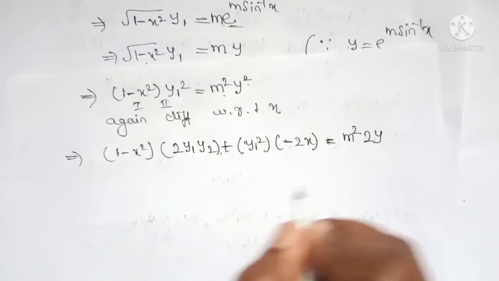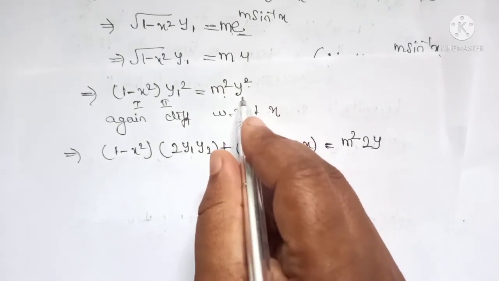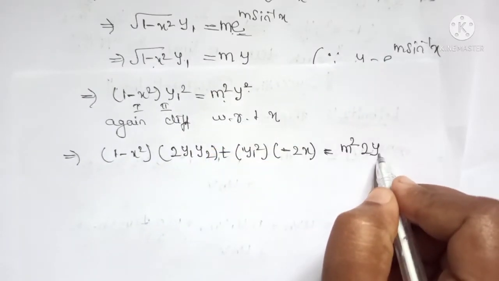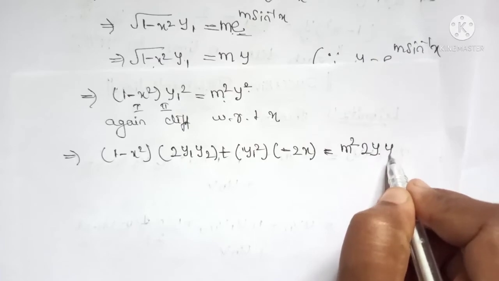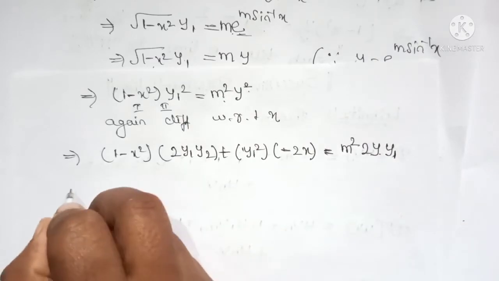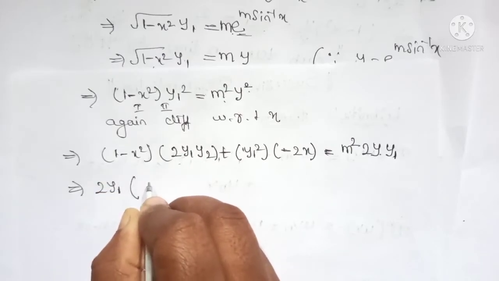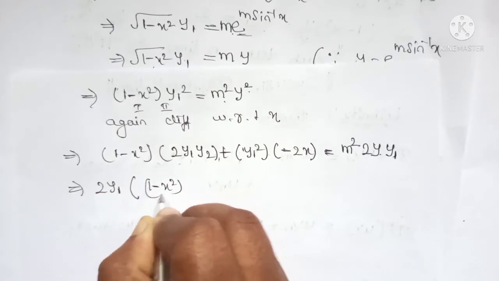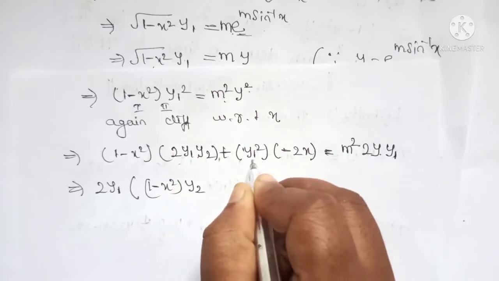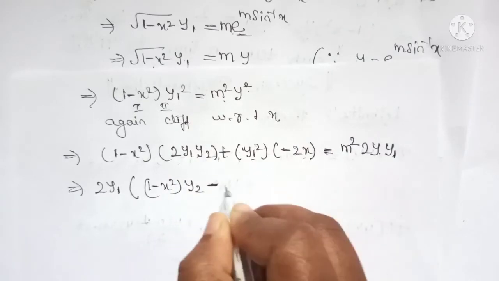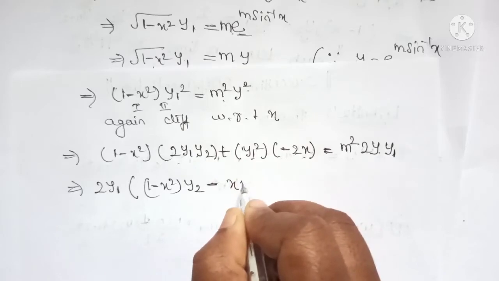Okay, sorry, the differentiation of y square is 2y into y1. Now we can take 2y1 common from these two terms. On taking 2y1 common, we get (1 minus x square) as it is into y2. Here we get a minus sign, x as it is, y1 term.